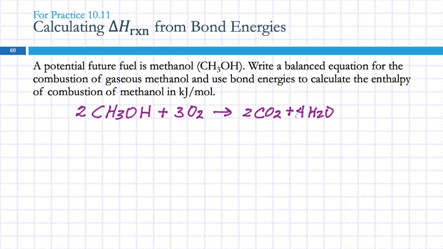So what I recommend is we just think about taking our reactant molecules and breaking all the bonds, just break them into individual atoms, and then over here we're going to put them back together. So we need to know what bonds are there, what bonds are being broken, and what bonds are being made. So we need Lewis structures.